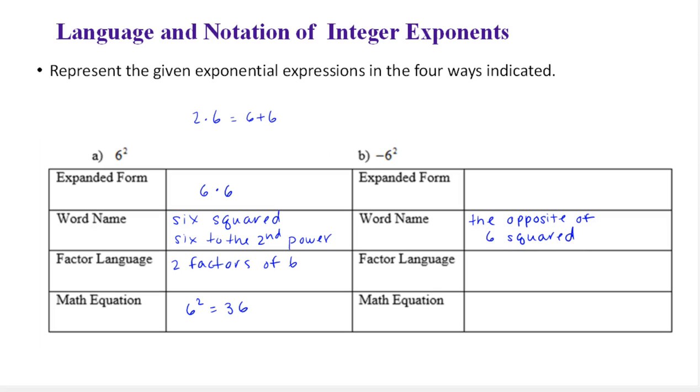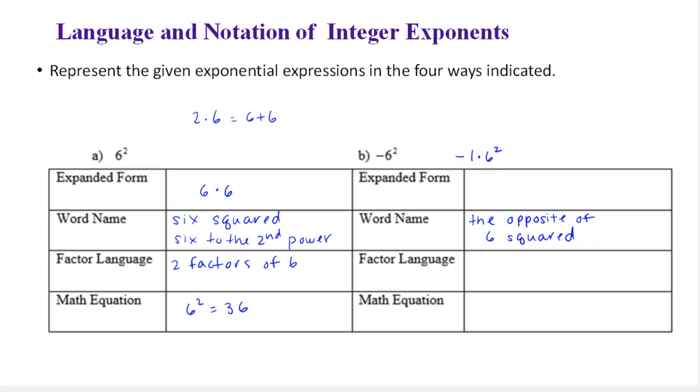The question arises, are we squaring this opposite sign? Are we thinking of this as a negative sign that we're squaring? And the answer is we do think of this notation as -1 times 6 squared.